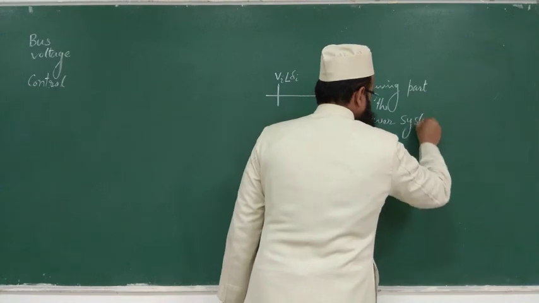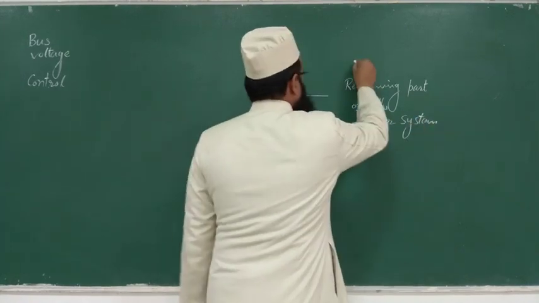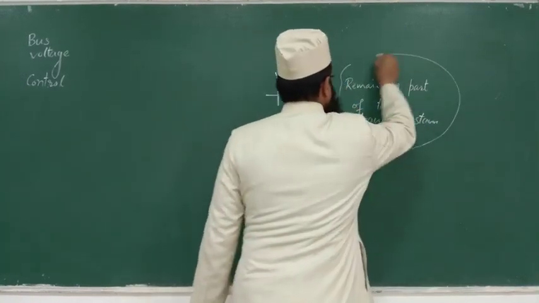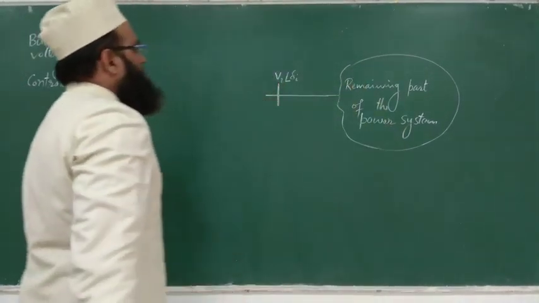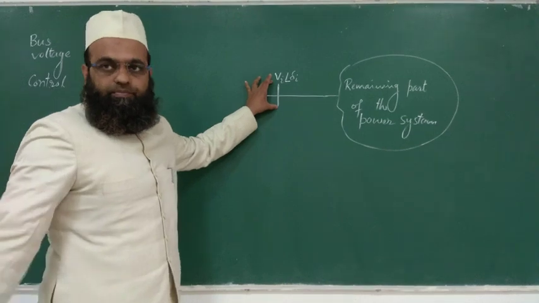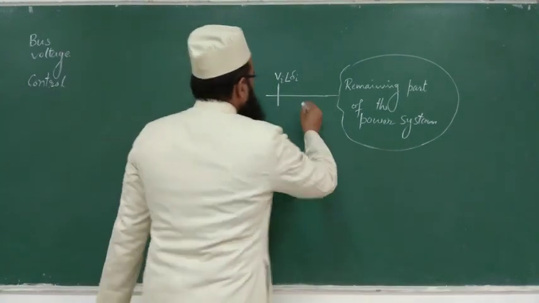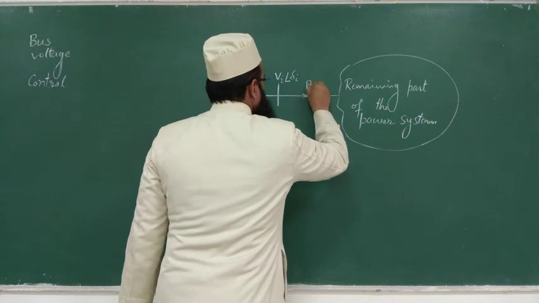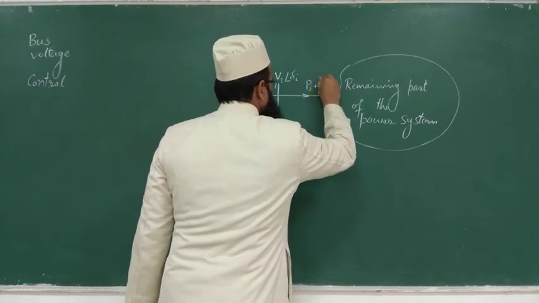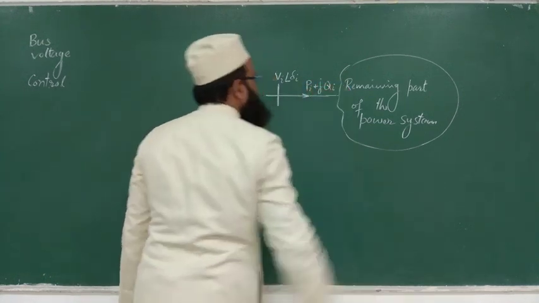So focus on the ith bus only. The power injected into the system is represented by Pi plus j Qi.